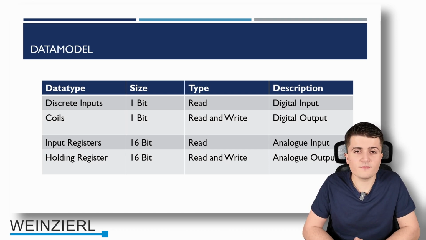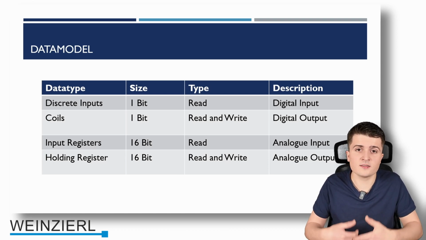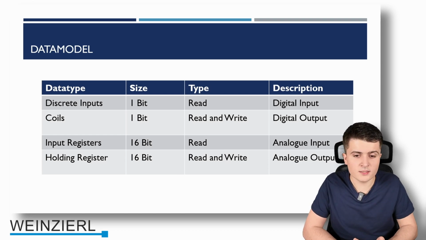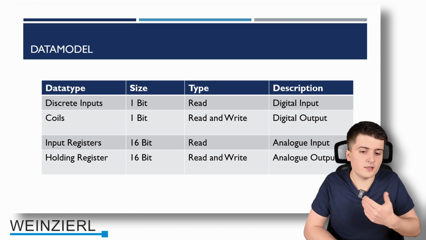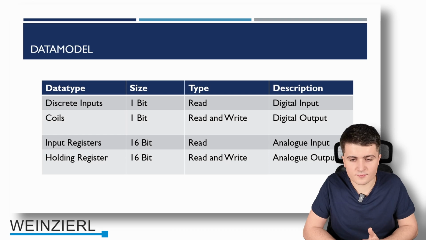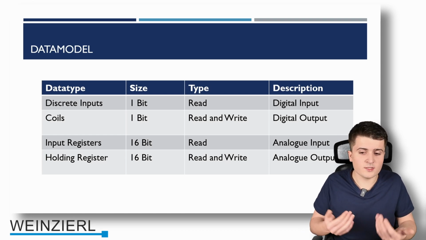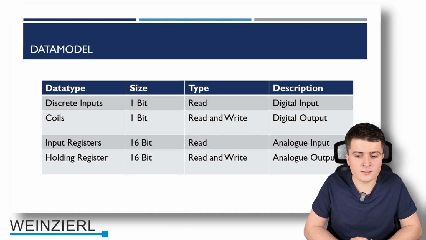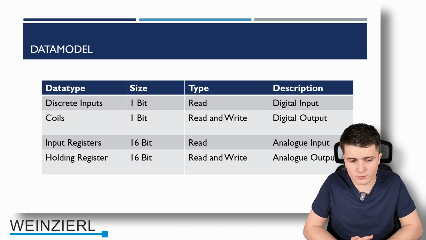And then we have the access rights to it. And this is also a difference, so you can see the discrete input has a length of 1 bit and only allows read access. While on the other hand, the coil, also with a length of 1 bit, has read and write access. So if we think about it, well, discrete inputs are basically digital or binary inputs and coils are digital or binary outputs.